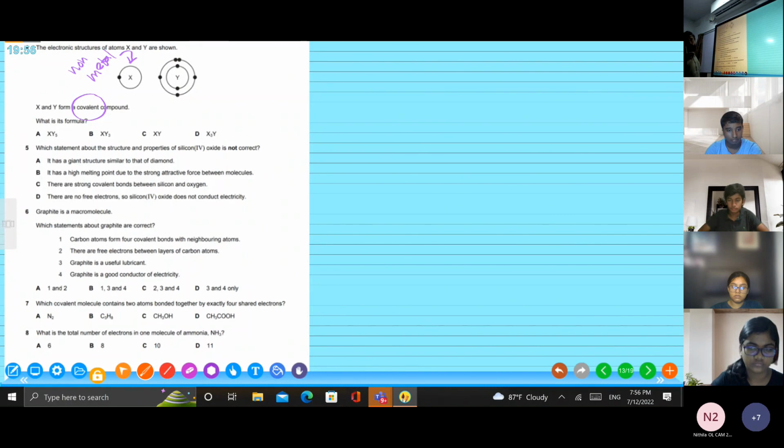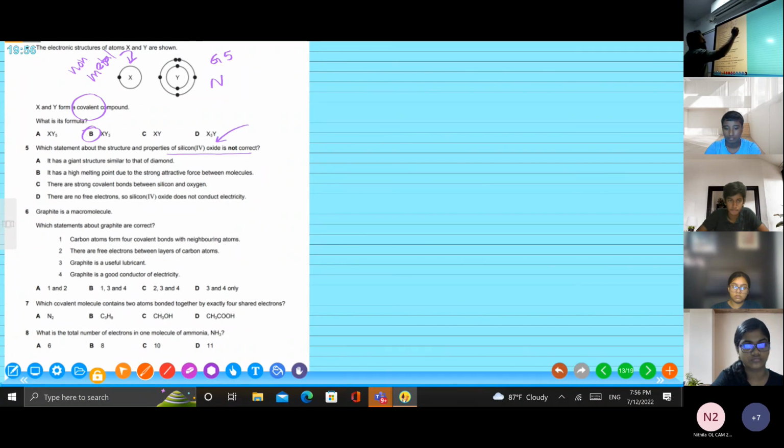No other element can be there. So Y has 5 electrons, that means it's in group 5, something like nitrogen. So basically again, this is ammonia. So XY3. Which statement about the structural properties of silicon(IV) oxide is not correct?